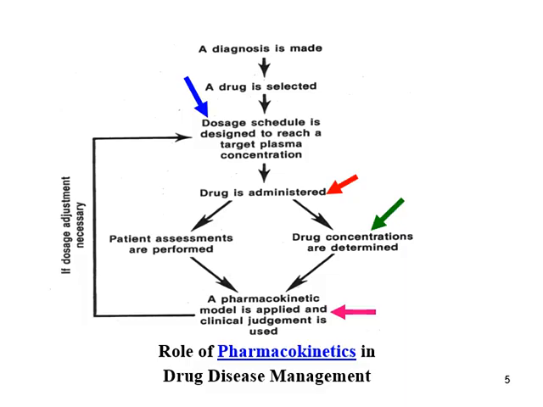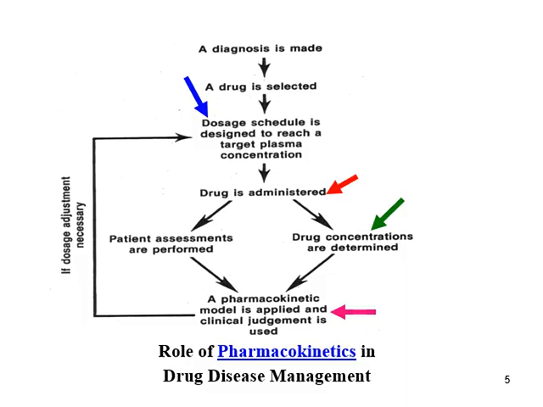Then after that, two things must be done. First is the patient assessment. The patient assessments are performed. The second thing, drug concentrations are determined. Then, after you get the two pieces of information, a pharmacokinetic model is applied and a clinical judgment is used.